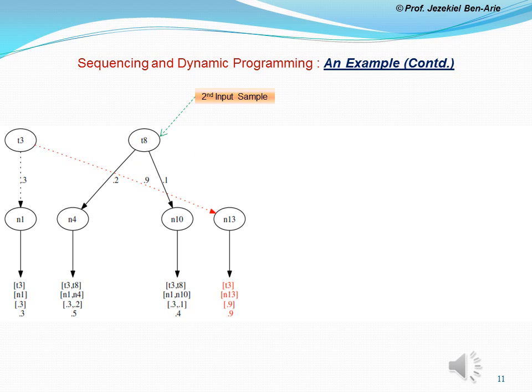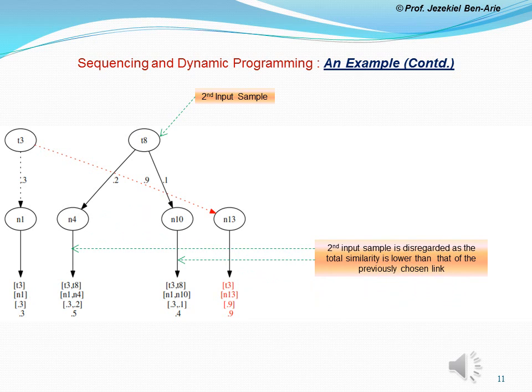These two links give the total similarity measures of 0.5 and 0.4, considering the prior link of 0.3 similarity measure. However, both links are disregarded in this case, as the total similarity measures are lower than the previously chosen link, which has the measurement of 0.9.